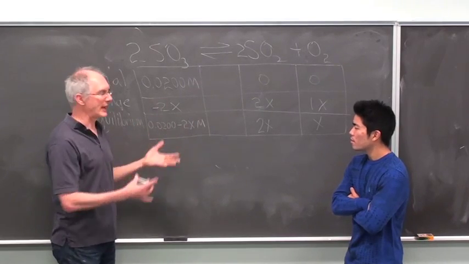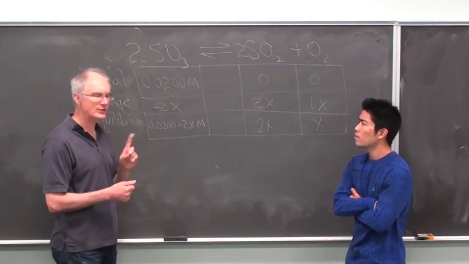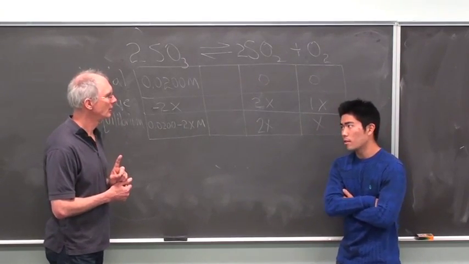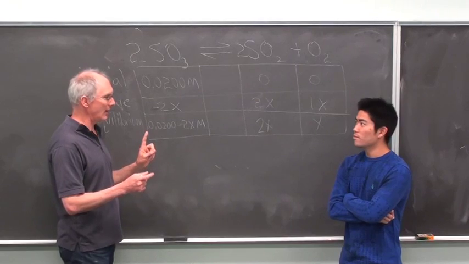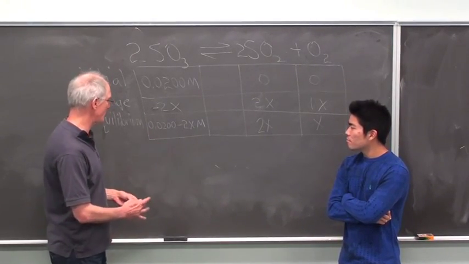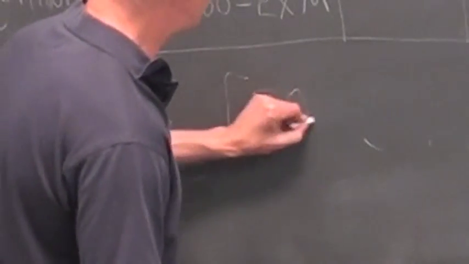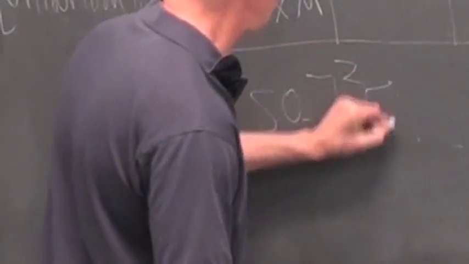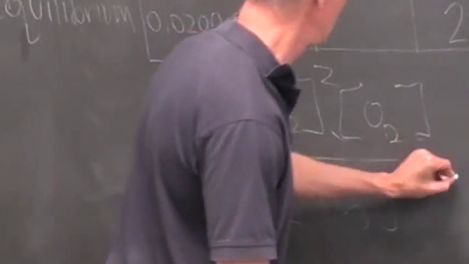We have this all filled out, but before I have any additional information to actually use it, you probably need at least one more piece of information: your K. You could be given K, and then you could set up an equation. K equals SO2 squared times O2 over SO3 squared.